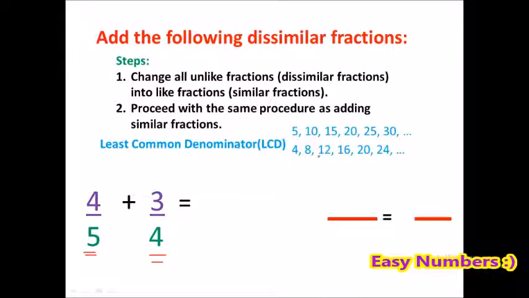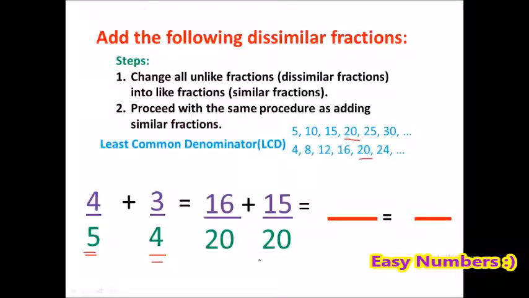So the least is 20. So our LCD is now 20. So we're going to divide 20 by 5, and that would be 4 times 4, which is 16. And then 20 divided by 4 is 5 times 3, which is 15.